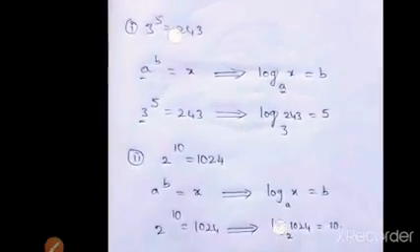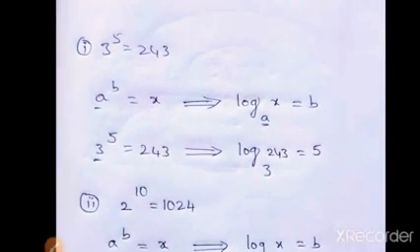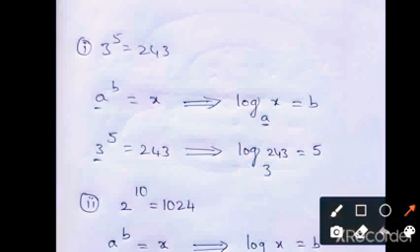See here, 3 power 5 is equal to 243. One sum related to that expression: a power b is equal to x. A is in the place of base, and a is also in the place of base in the logarithmic form. The exponent b is settled after is equal to, and x will be settled near the log.